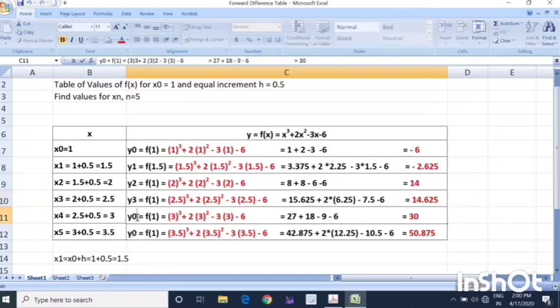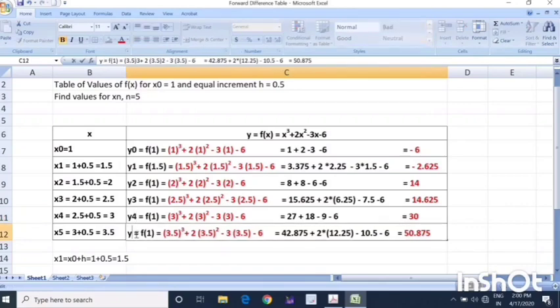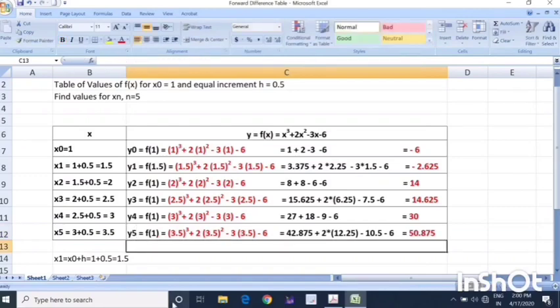Same for x4: x4 is x3 plus h, and it equals 3. Here we get the value of y4 by substituting in the formula, same as for x5. As in the question we were asked to find values for xn with n equals 5, finally you must have n equals 5.